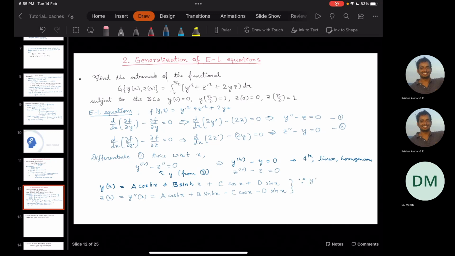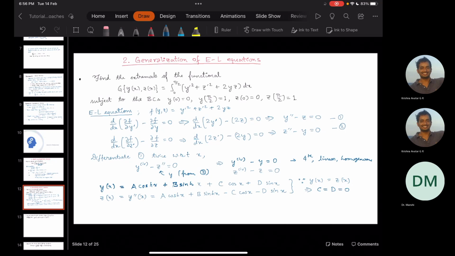Since y of x is equal to z of x, we have to have the same expressions here for both y and z. So for this to happen, we must have c is equal to 0 and d is equal to 0, isn't it? So it's c is equal to 0 and d is equal to 0.